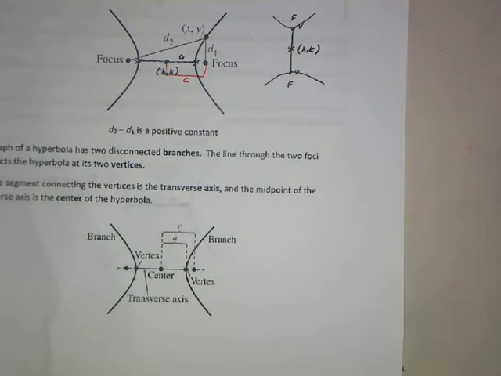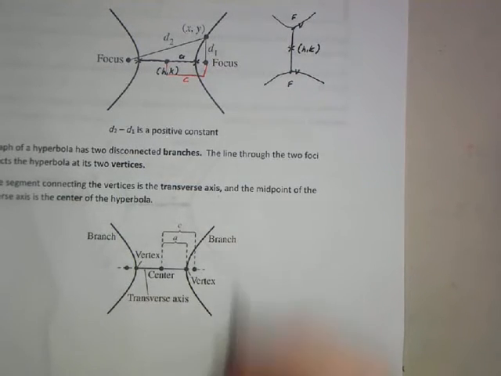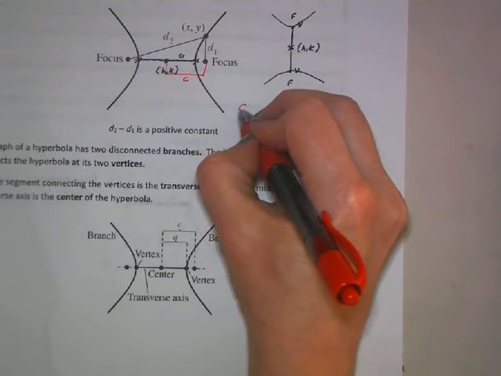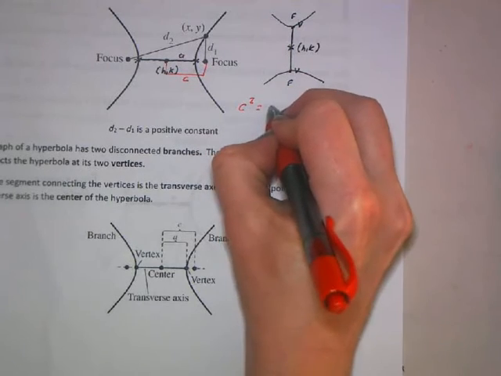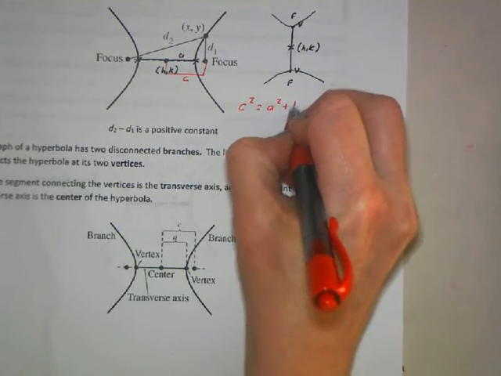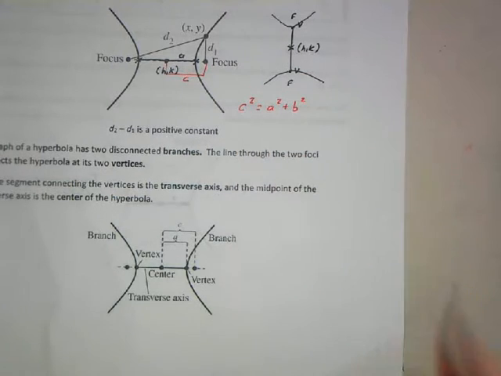It has to be, because it's on the other side. You have to pass through the vertex to get to the focus. And in fact, they're going to be related. C squared will equal A squared plus B squared.